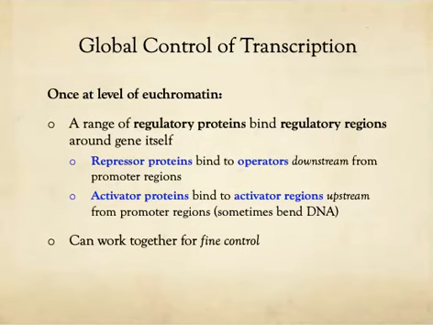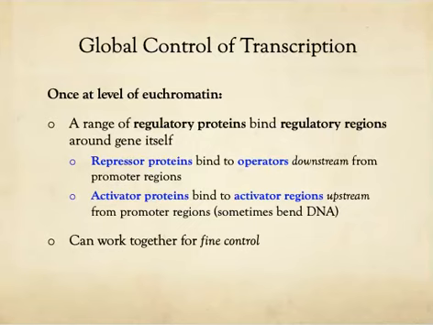Once a region of DNA has been made into euchromatin, so it's looser and it's transcriptionally available, there are other ways that a cell can regulate whether or not transcription is going to happen. So just because DNA is in the euchromatin form does not necessarily mean that all of the genes in that region are going to get transcribed and translated. It just doesn't happen. There are other more fine levels of control.